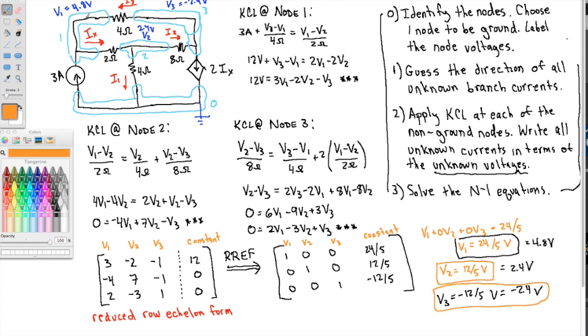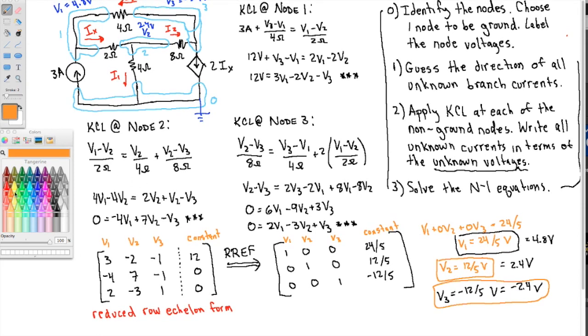I've added those already to our circuit, and you'll see that what we chose to be ground is not the lowest potential. The top right node is actually at the lowest potential. So we've got the voltages at every node, and we could get all the currents.